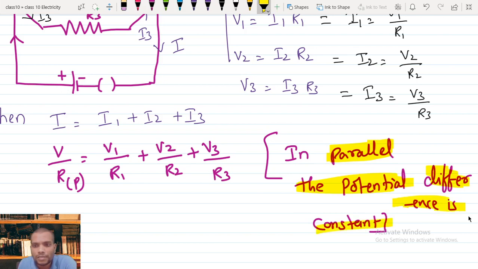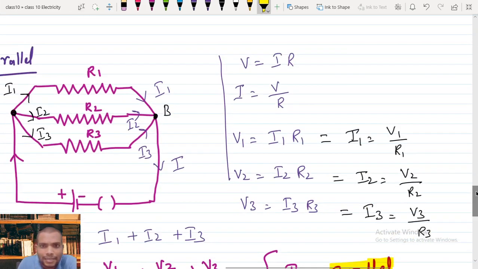So the potential difference remains constant. If the potential difference remains constant, I cannot write V1; I can convert that as V, and V2 and V3 also become V.